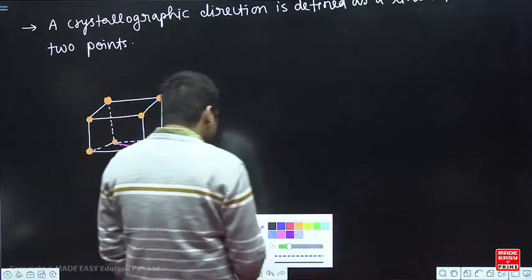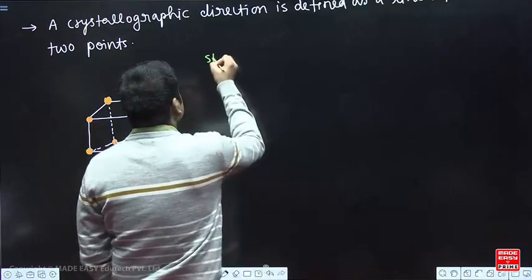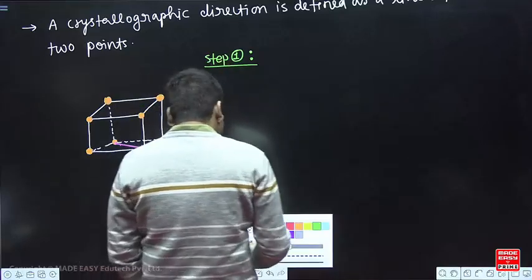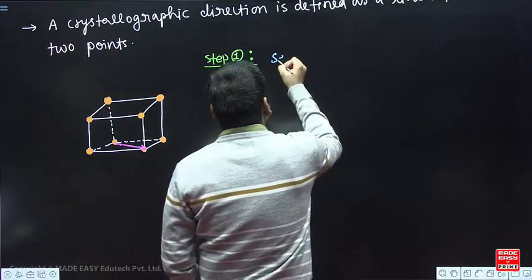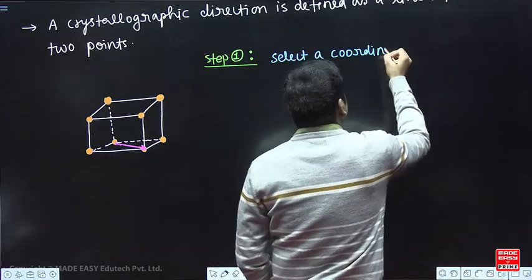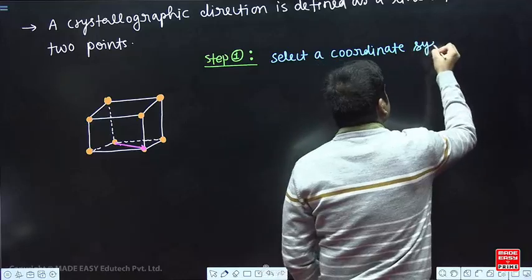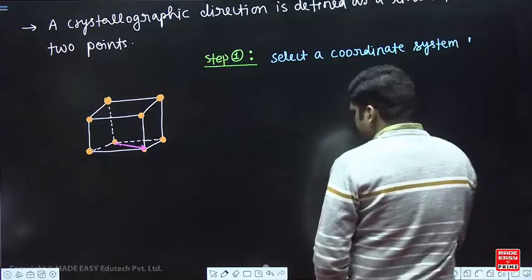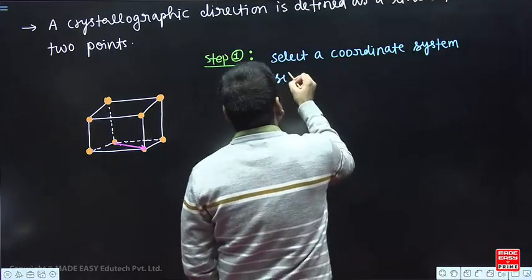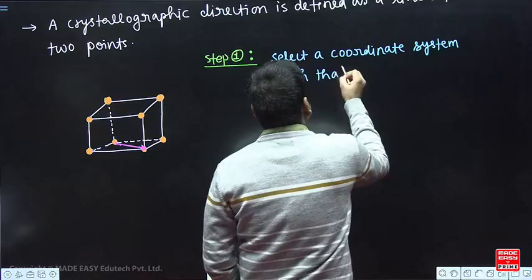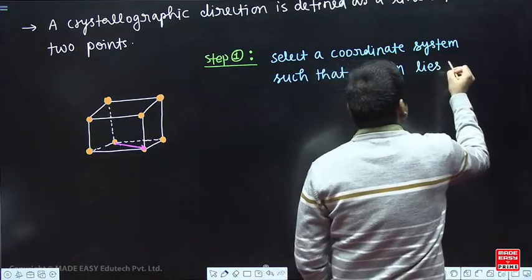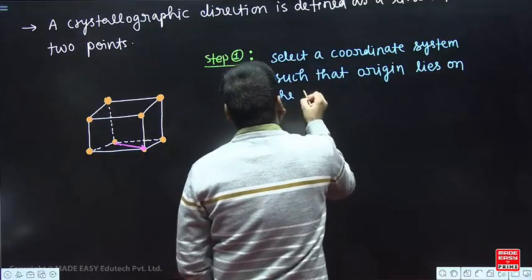So what are the steps which we need to follow? Step 1. Select a coordinate system such that the origin lies on the given line.